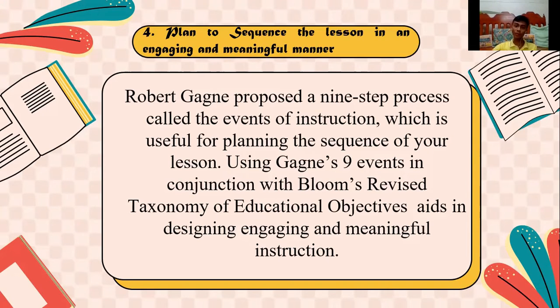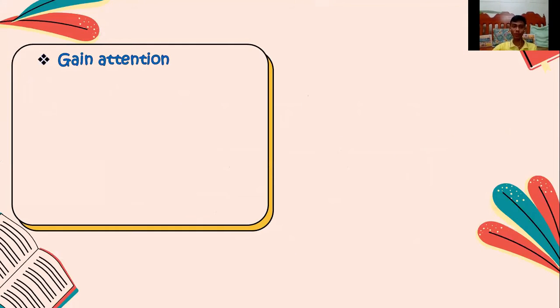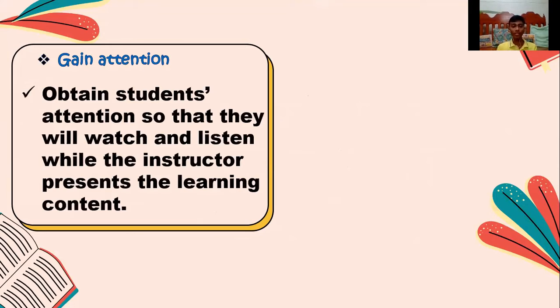So first is gain attention. Obtain students' attention so that they will watch and listen while the instructor presents the learning content. Begin the learning session by gaining the attention of learners.